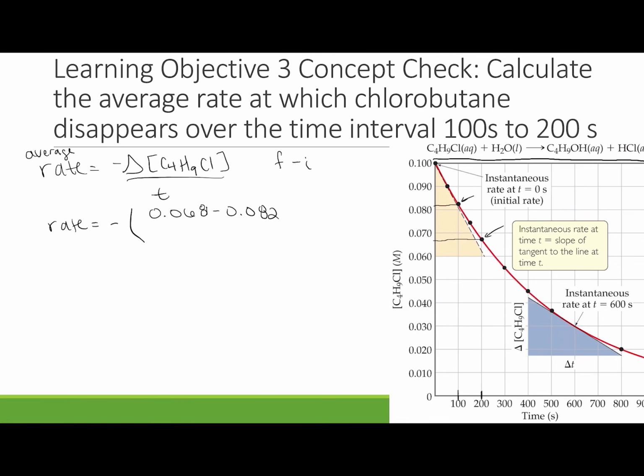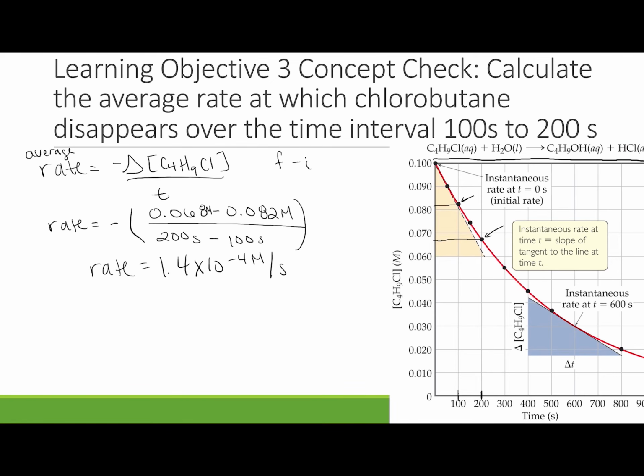And these are both molar. And then we're going to divide it by our time range, 200 seconds minus 100 seconds. Okay. This gives us a rate equal to 1.4 times 10 to the negative 4 molar over seconds.